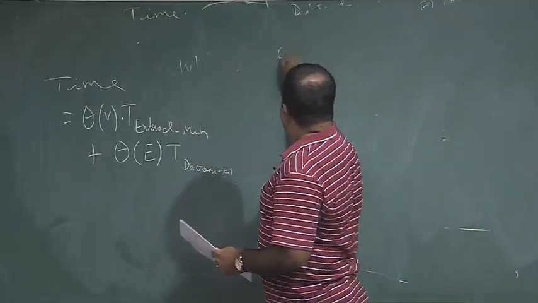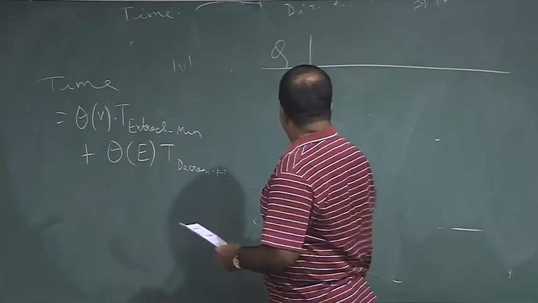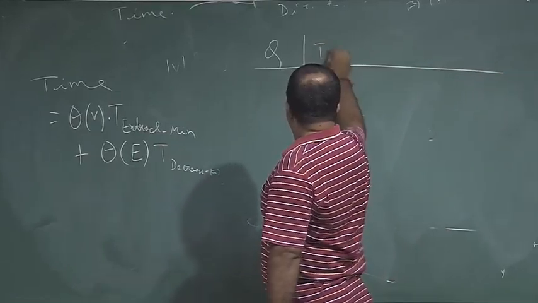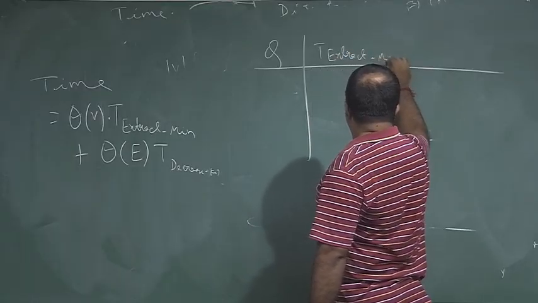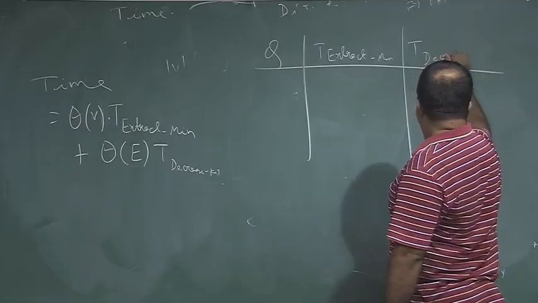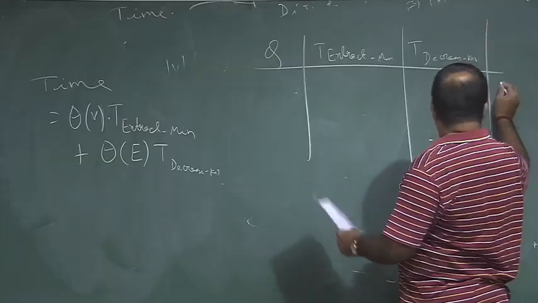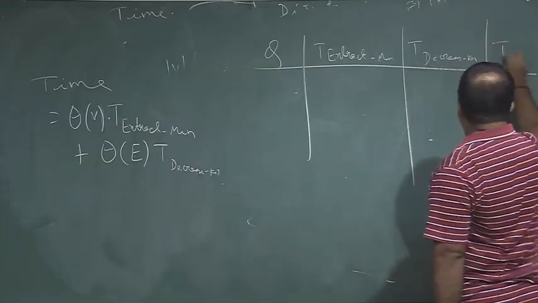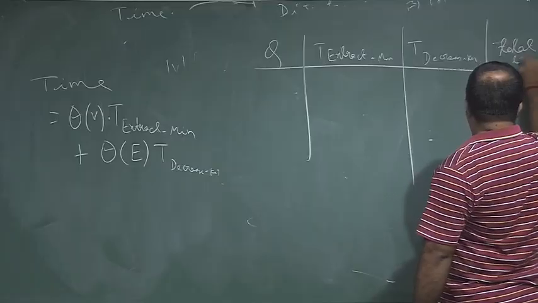Now if we implement the priority queue using say array, this is the time for extract min, and this is the time for decrease key, and this is the total time for Dijkstra's algorithm.